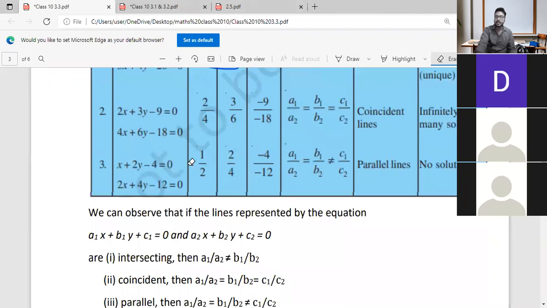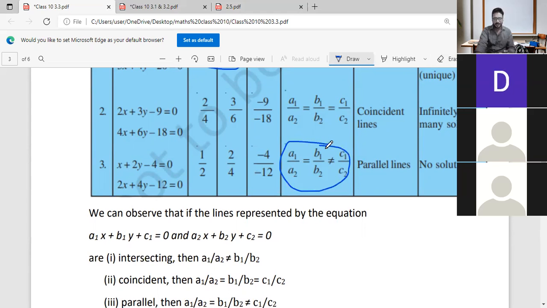In our third case, we are considering the ratios. Here, a1 by a2 is equal to b1 by b2, but it is not equal to c1 by c2, which means they are parallel. And let me tell you, you don't need to learn it by heart. These are just for your information only. You can understand it. Never learn it by heart.